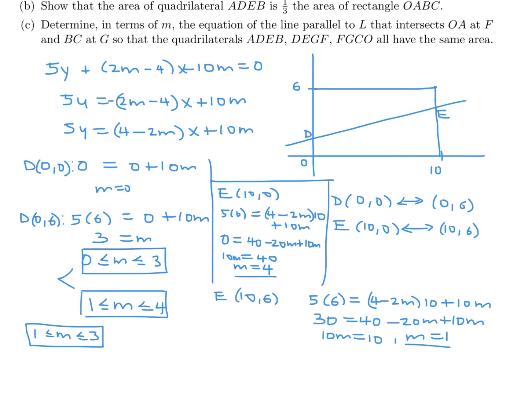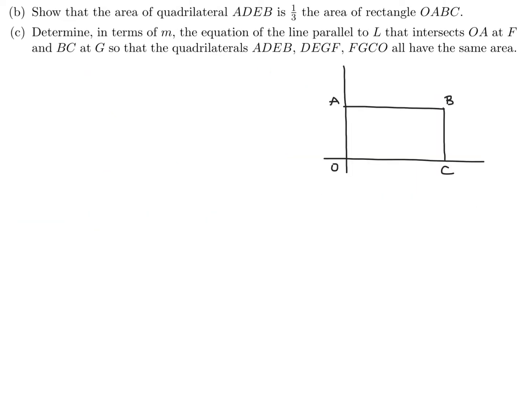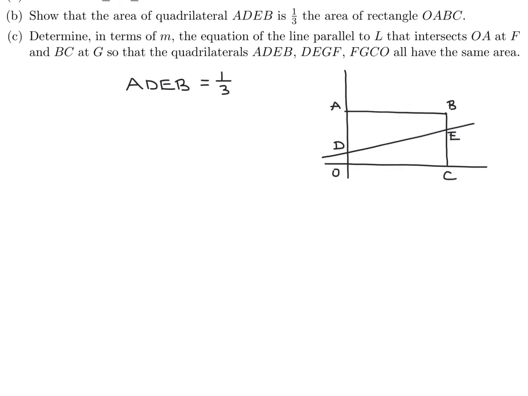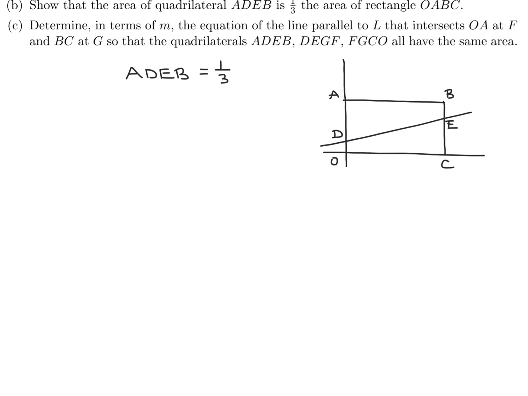Show that the area of the quadrilateral ADEB is a third the area of quadrilateral OABC. So, as before, we've got this scenario where you've got this line, and they want me to show that ADEB is 1/3 the area of OABC.